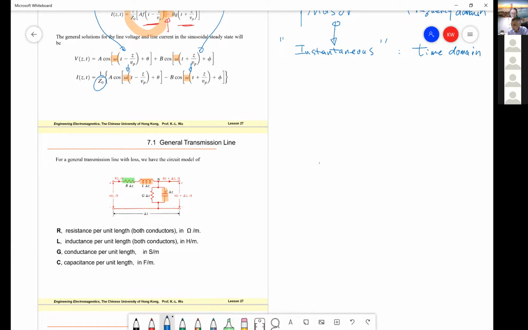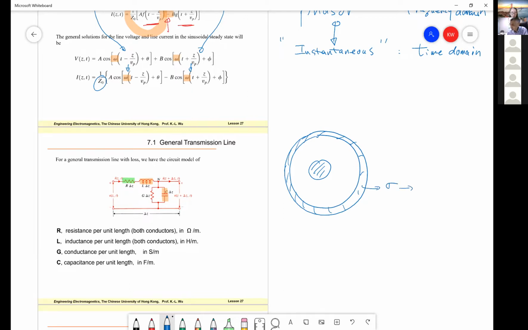Say if you have a coaxial cable, the conductor has a loss because you have a conductivity.